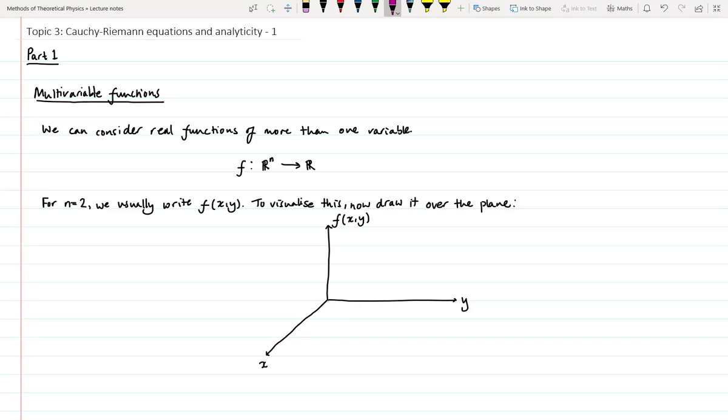So this function is going to look like a surface over the xy plane, so it might look something like this. And what this means is that the height above the xy plane is given by the function value at that point. So we might have that this point here has height given by this position on the function axis, and it corresponds to the output of the function for these values of x and y.